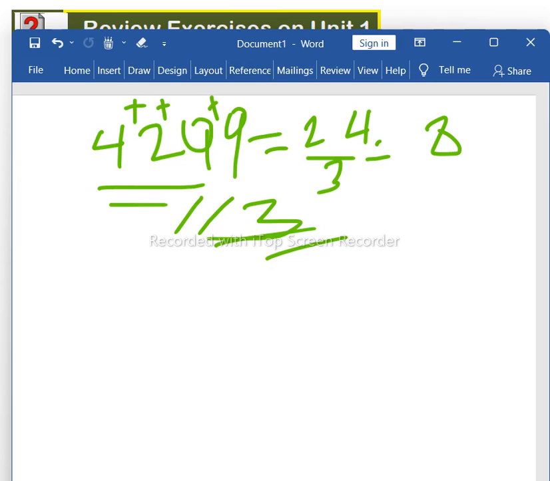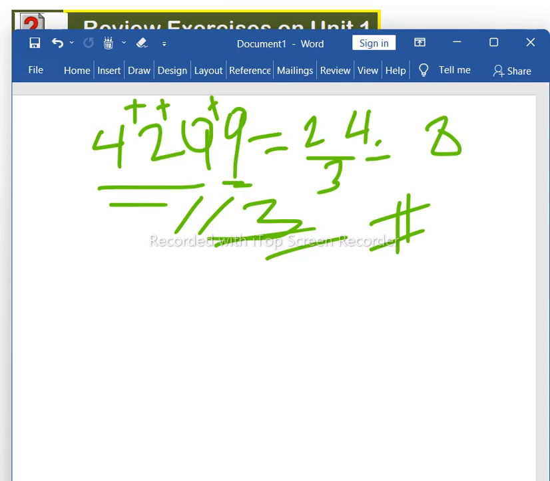Again, by 5, obviously it is not divisible, because a number is divisible by 5 if the last digit of that number is 5 or 0. Also, this is 9, so it is not divisible by 5. Again, this is not divisible by 6 because the number is not divisible by 2.